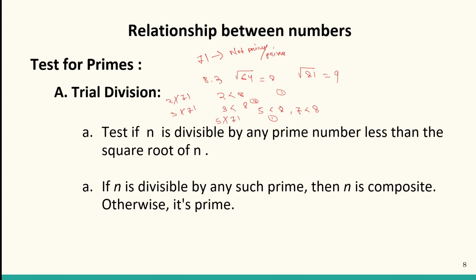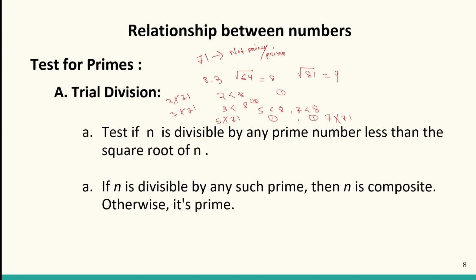Now we try to divide 71 by 7. It leaves a remainder of 1, because 7 times 10 is 70, leaving a remainder of 1. So 7 does not divide 71 either.